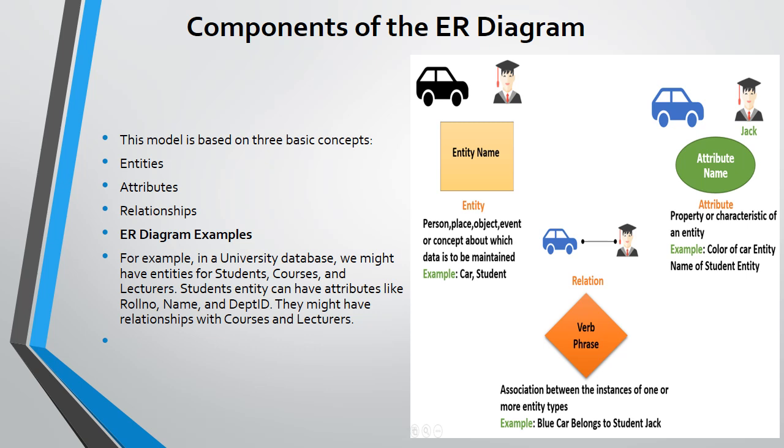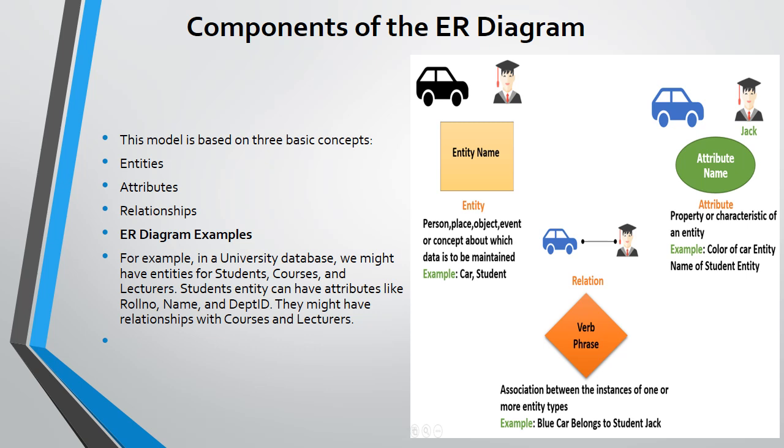An entity can be represented as a rectangle. For example, the students in a class or an employee in a company can be an entity. An entity set is a set of entities of the same type that share the same properties or attributes.